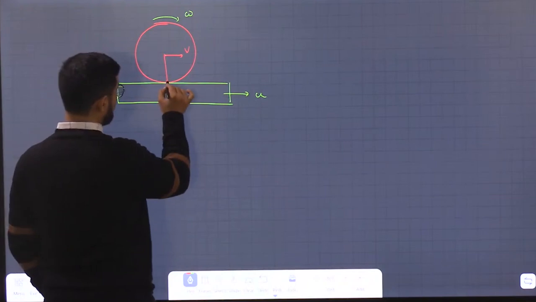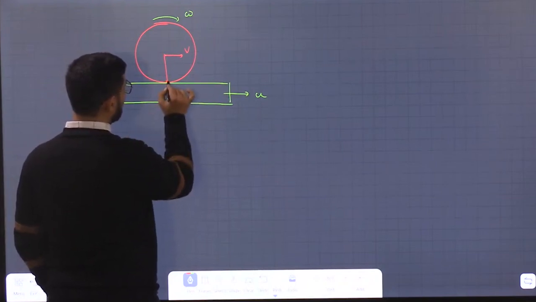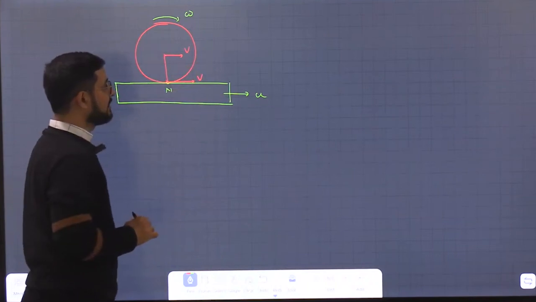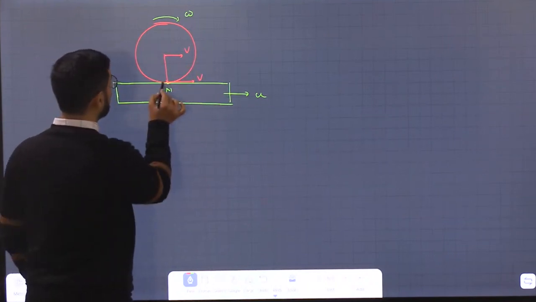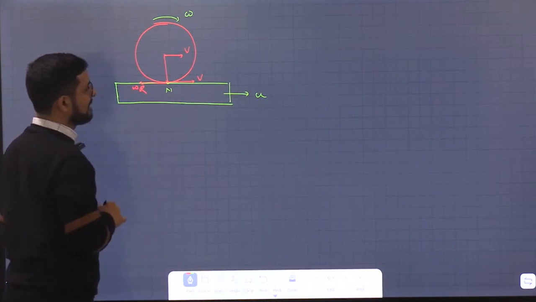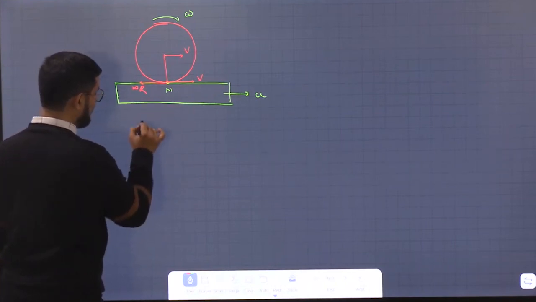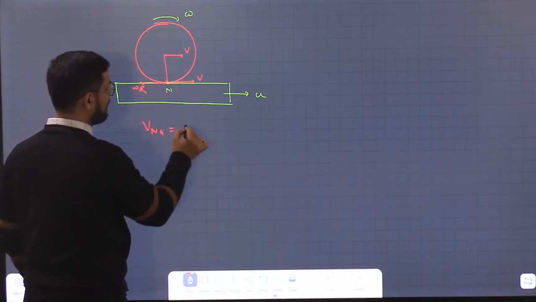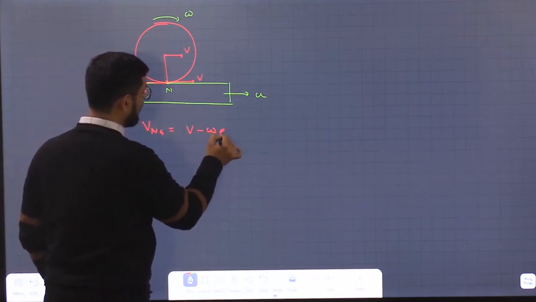So see, this point of contact will have a velocity component due to translational motion, that is VCM, and another one in the backward direction, omega r, right? So the velocity of N with respect to ground is V minus omega r.